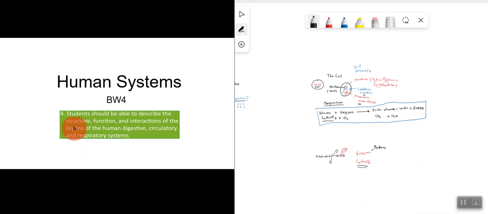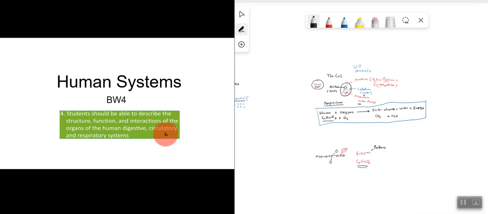So that is the human digestive system. Students should be able to describe the structure. We looked at the structure of the human digestive system, and we looked at the function of each of its parts. Then we looked at the interactions of the organs of the digestive system with the circulatory system and the breathing system.